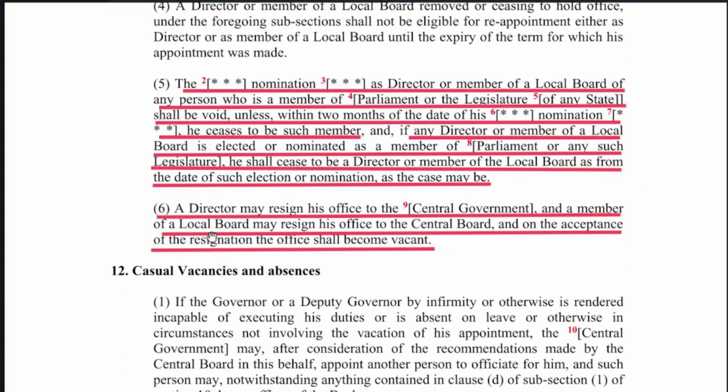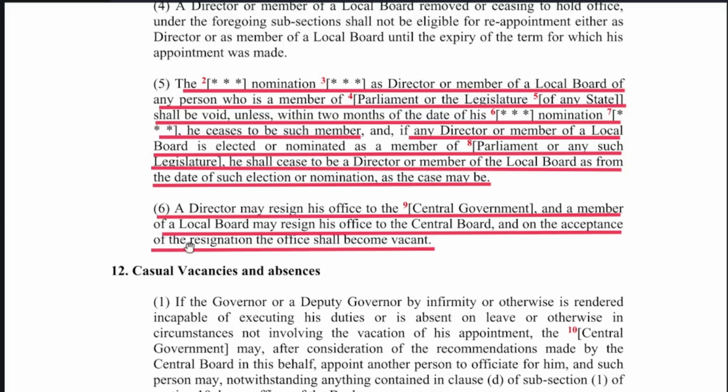Going further, a director may resign from his office to the central government, and a member of a local board may resign his office to the central board. Director here means the director of the central board of directors, who can resign by sending the resignation letter to the central government, and the member of a local board may send his resignation letter to the central board of directors.